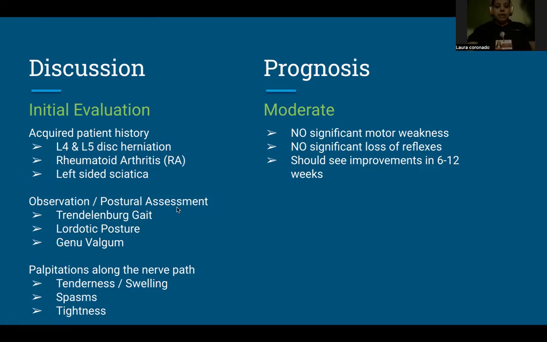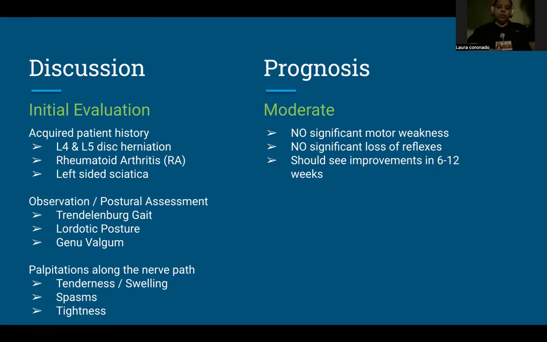Then we did an observation and postural assessment, which we found the Trendelenburg gait. She also has a lordotic posture, and she also has a little bit of genu valgum. So the lordotic posture is mostly due to her being overweight.